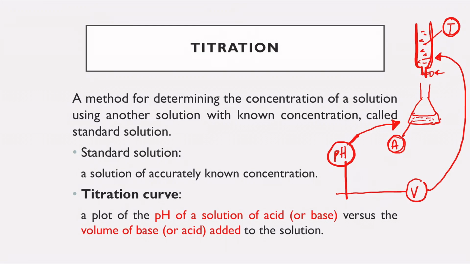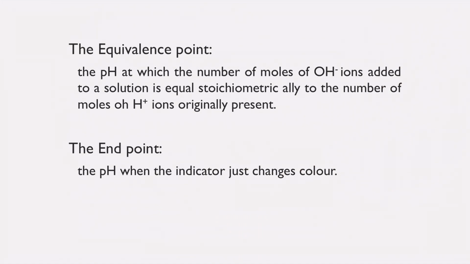Next, we're going to see what the equivalence point is. This was in the online lab test question. The equivalence point is the pH at which the number of moles of hydroxide ions added to the solution is equal, stoichiometrically, to the number of moles of H plus ions originally present.